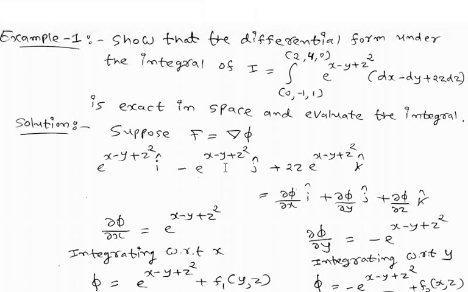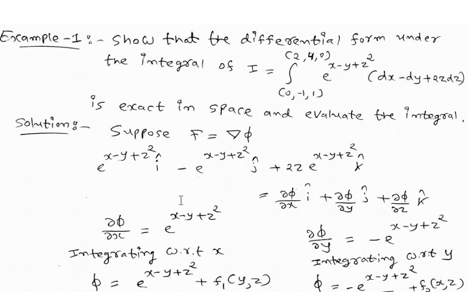Now to prove that f1 dx plus f2 dy plus f3 dz is exact in a space, we have to suppose f bar equals nabla phi. So this is f bar, and nabla phi is del phi by del x i cap plus del phi by del y j cap plus del phi by del z k cap.